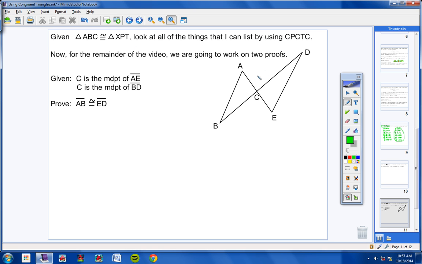So I'm going to go ahead and pause while you copy this in your notes, okay? Do the best you can to draw this figure over here, and then go ahead and copy down your given, and then your proof part, and then you're welcome to work ahead and try this on your own if you want to, or you can watch me do it and take notes as we go along. It's totally up to you guys.